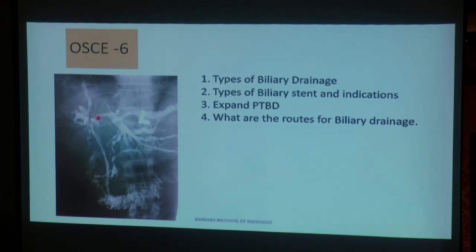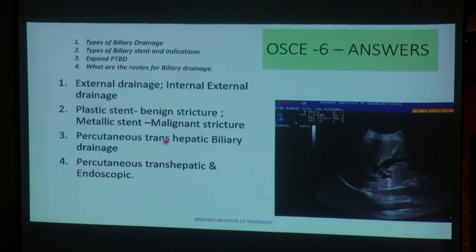So bile will drain via these holes into the catheter and into the normal duodenum, facilitating digestion. So that is internal drainage, and this bile can also drain externally to a uro bag which you have attached. So there is both internal and external drainage which is possible in biliary. That is why it is called an internal external drainage of the biliary tree.